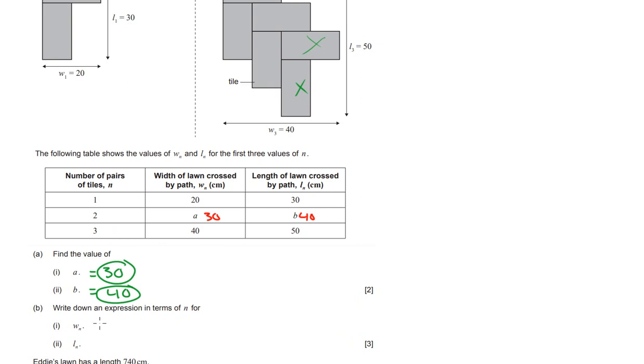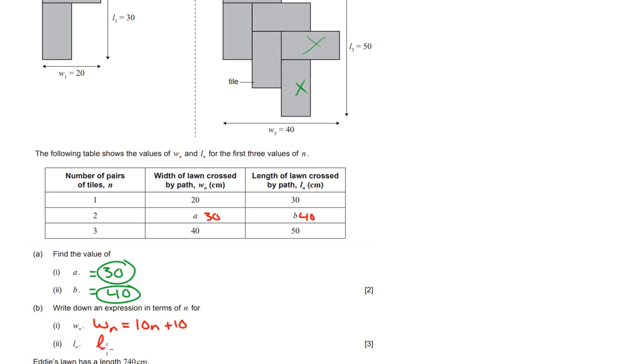Let's see, so we can say Wn is going to equal... Okay, so we go up by 10 every time we add another layer, right? And this is the width, so 10n, and then we also have to add on an extra 10 for the width here, okay?